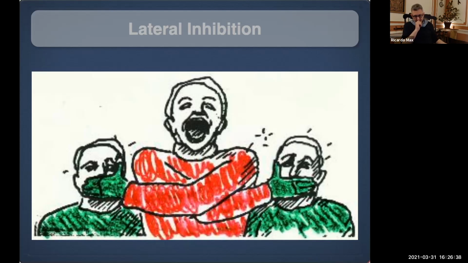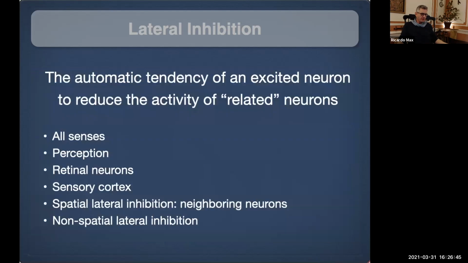It would be like augmenting the contrast in a picture. Usually in the textbook, it's defined with a neuronal spatial-based explanation, but it's much more than that.